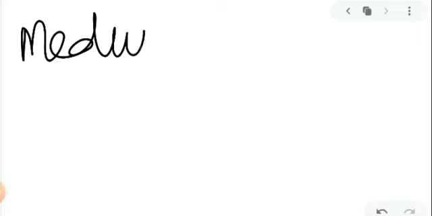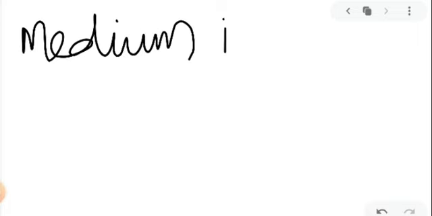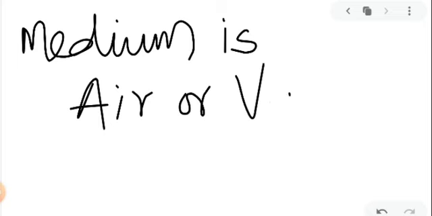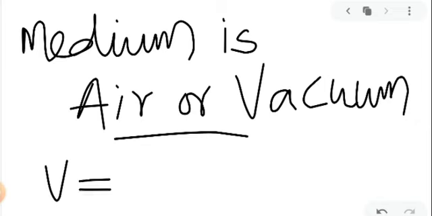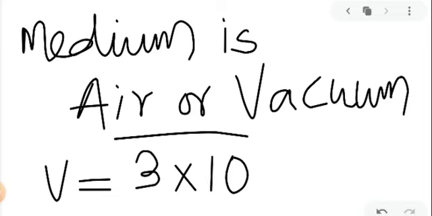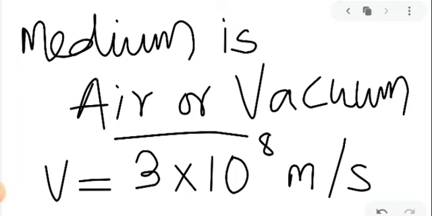If the light is traveling in vacuum, if the medium is air or vacuum, the velocity of light will be v equal to 3 into 10 raised to 8 meters per second in SI units.